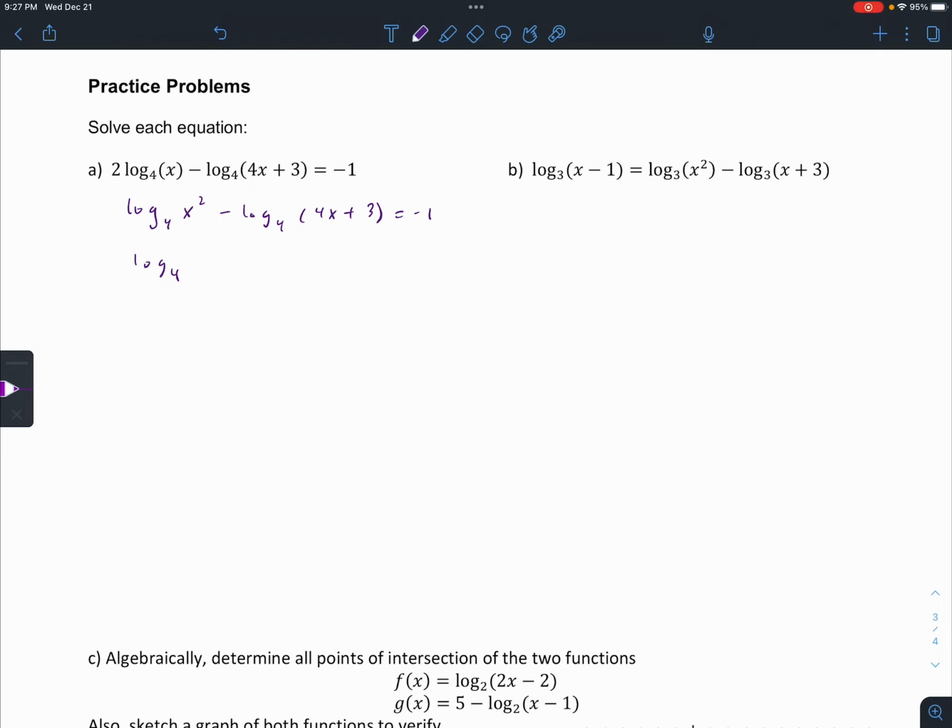So log to the base 4 of x squared over 4x plus 3 is equal to negative 1. And now we have x squared over 4x plus 3 is going to equal 4 to the negative 1. So we are converting to exponential form now from logarithmic form.